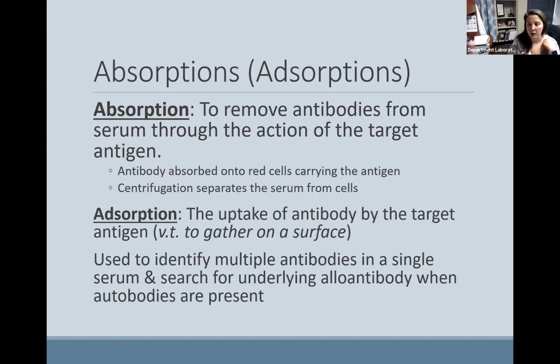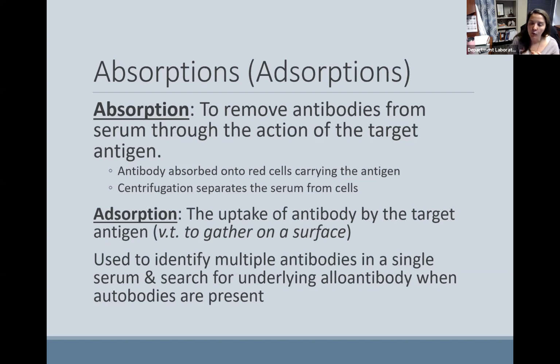All right, so just a little bit of language differentiation, and I know I am guilty of this as well. In blood bank, we typically only do adsorptions, that's adsorptions versus absorptions. So adsorption is the uptake of antibody by the target antigen.